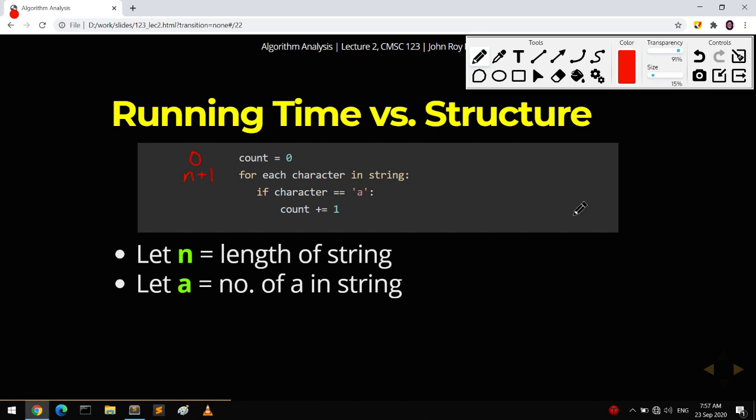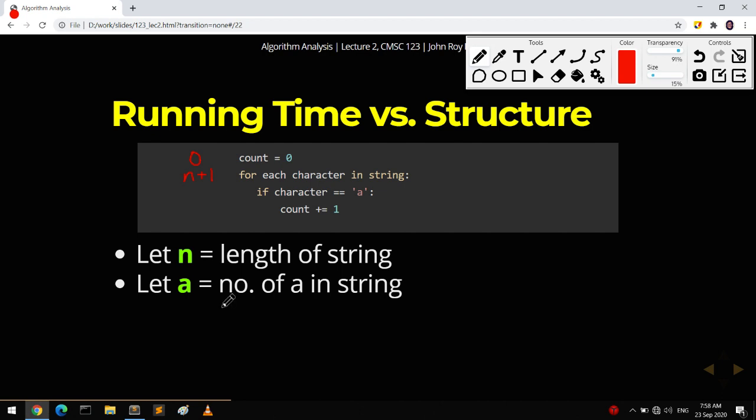Why is that? Note that n is equal to the length of the string. So of course, we will have n here, but it still has to check the last character, which is the end of the string. So there's a plus 1 to check the end of the loop.